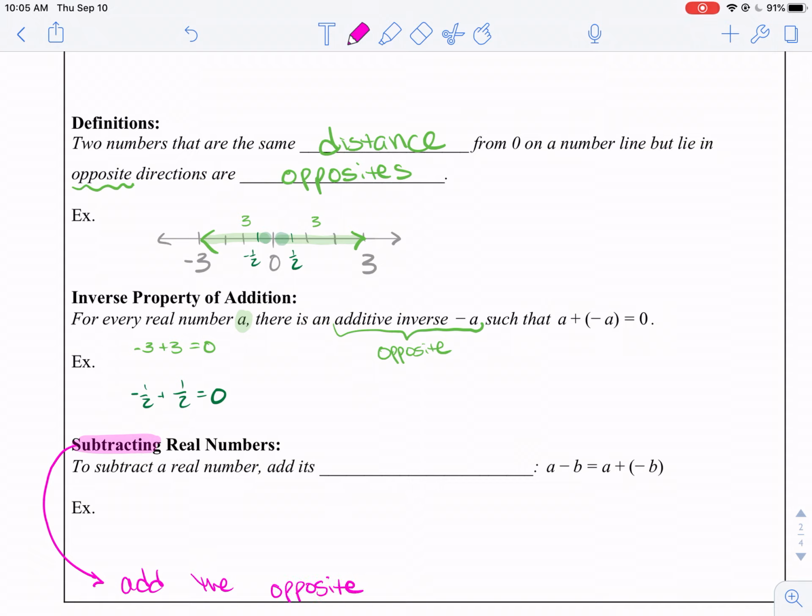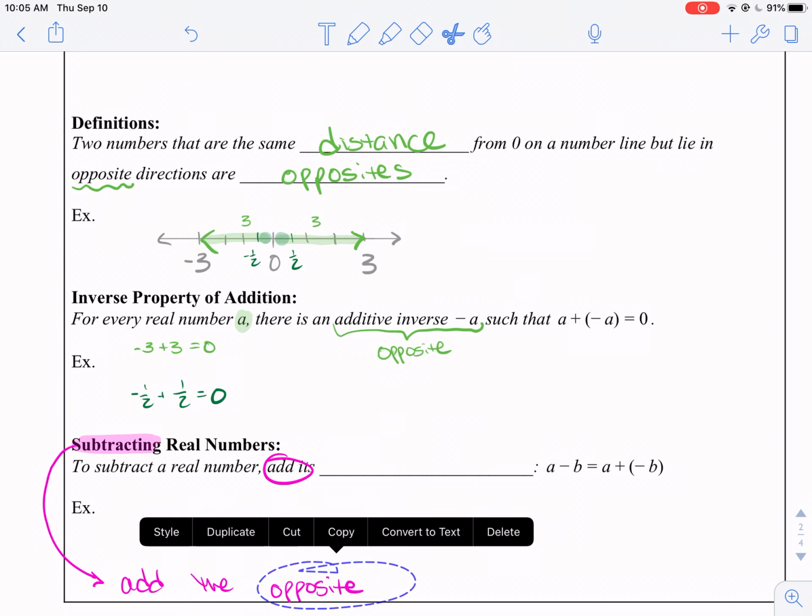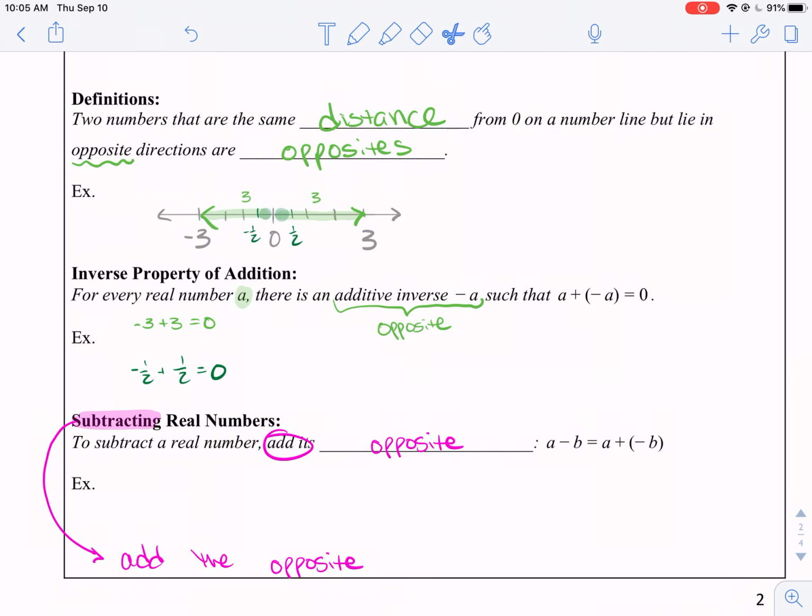So instead of subtracting, we are going to add the opposite of a number. That is, if we have a minus b, that's the same thing as a plus negative b. So if we have, for example, 4 minus 2, that's the same thing as 4 plus negative 2.